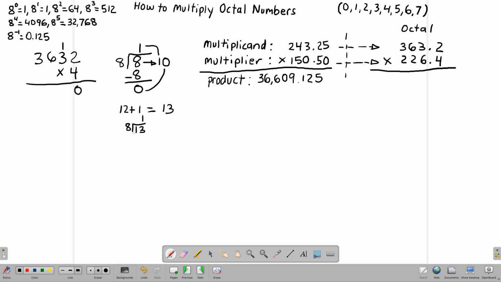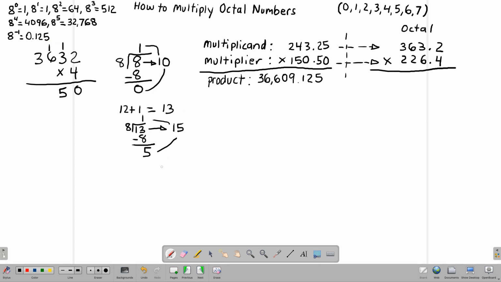So 8 times 1 is 8. We subtract, and we get 5 as the remainder. And what this says is that the value 13 is represented in octal as 15. So 5 goes here, and the 1 is carried.